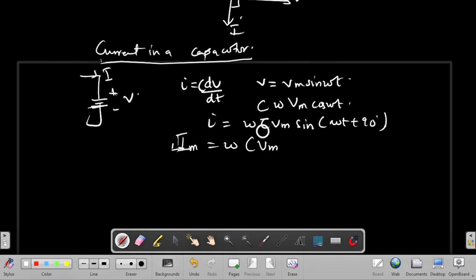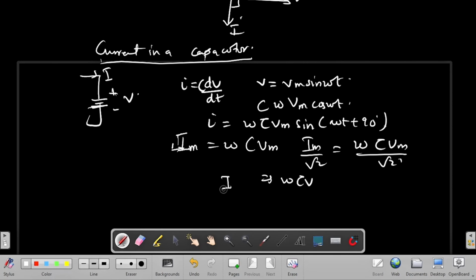Because if this is your standard wave equation, then everything attached to the sine is your peak current. So my peak current is simply omega times capacitance times Vm. I need to find the RMS form. So my RMS, which is Im over square root of 2, will give me omega C Vm over square root of 2. And that simply gives me omega C V. Okay.